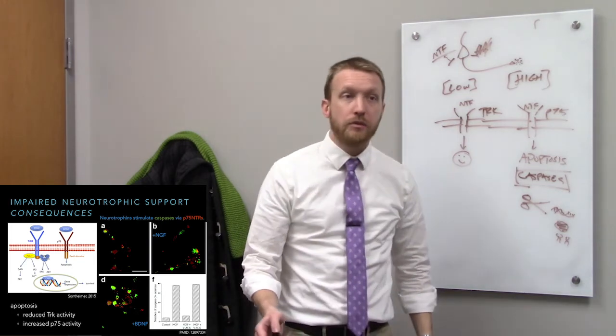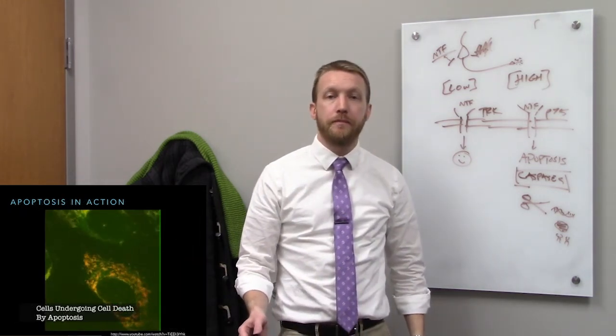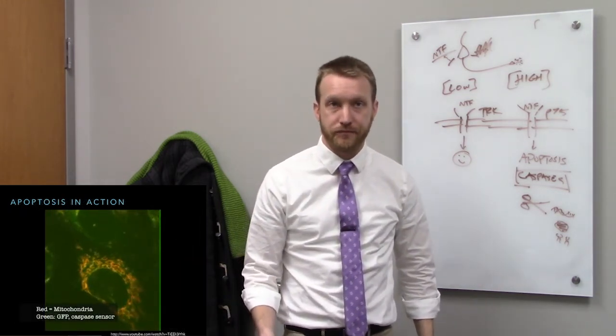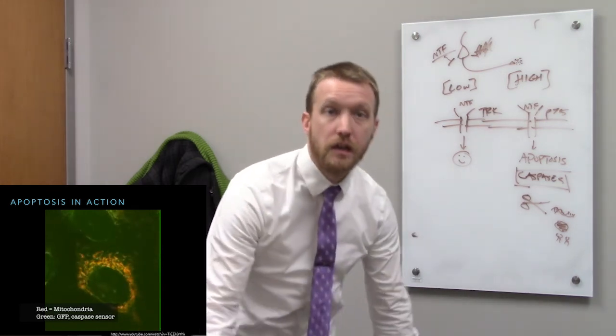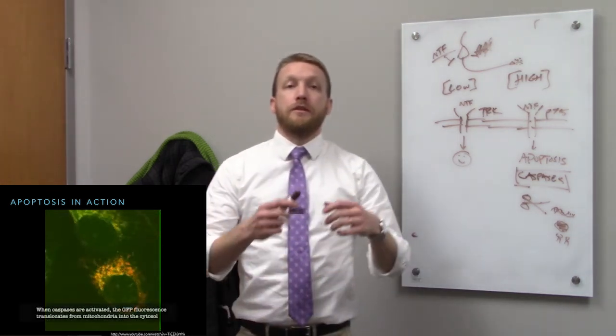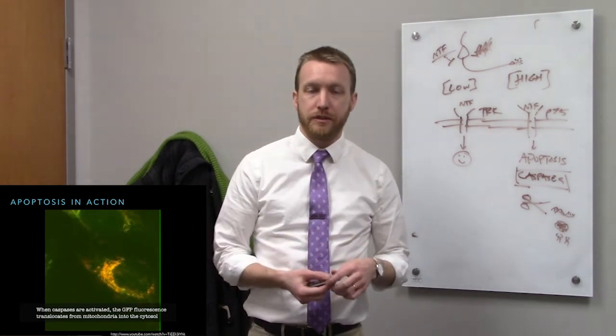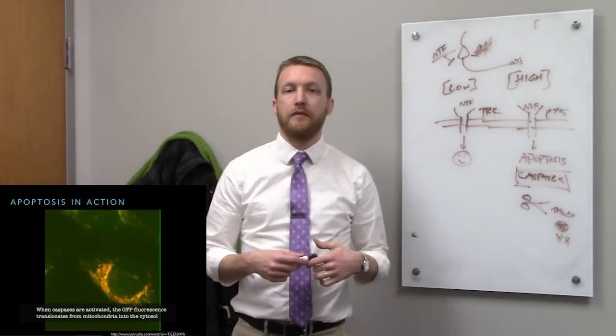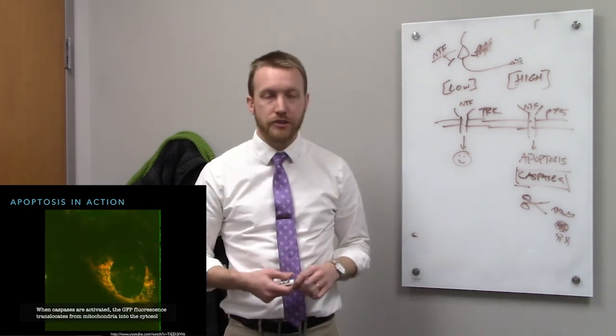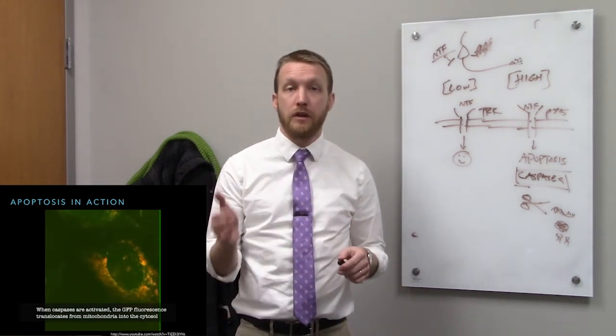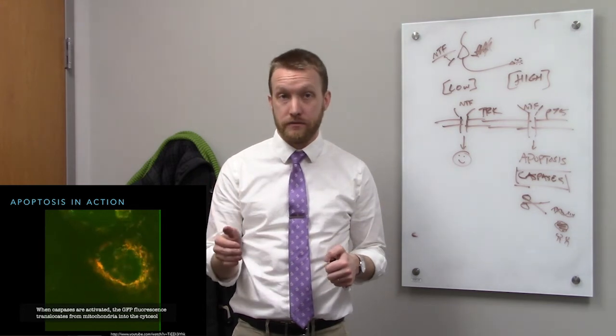And cell death is a pretty quick process, so this movie is showing us apoptosis. So here we're looking at some cultured cells. The red is showing us mitochondria, and inside of them we have this green fluorescent protein that's going to show us whenever we have stimulated caspases. So you'll see the cell turn green whenever the caspases are turned on.